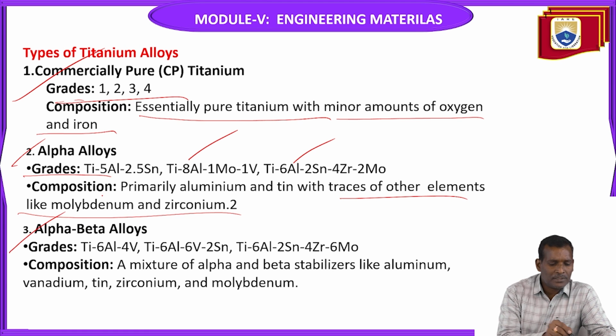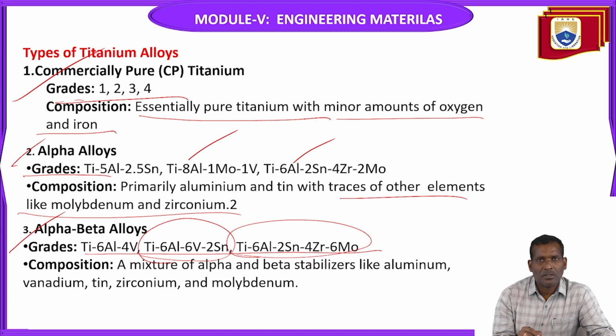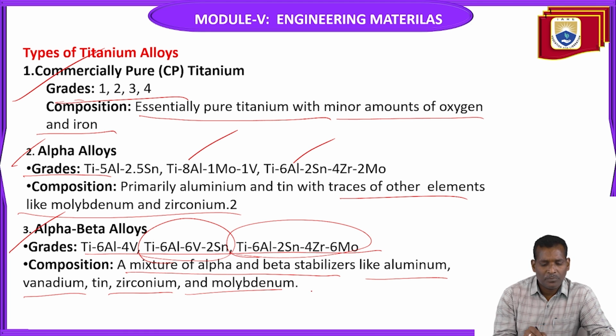Next, alpha beta alloys grades are Ti-6Al-4V. Similarly, Ti-6Al-6V-2Sn, and Ti-6Al-2Sn-4Zr-6Mo. The composition is a mixture of alpha and beta stabilizers like aluminum, vanadium, tin, zirconium and molybdenum. These are the compositions of alpha beta alloys.